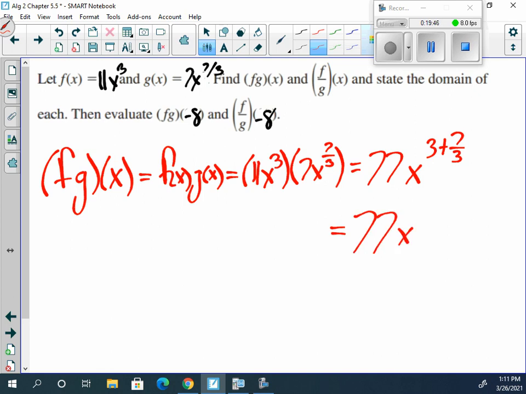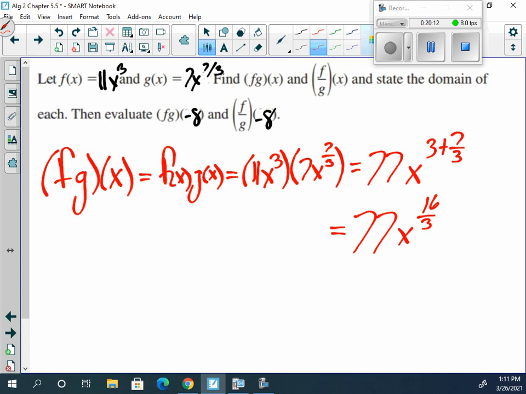So we'll have x to the 3 plus 7/3. So we'll add the exponents together, 3 plus 7/3, which will give us 16/3, I believe, because we would convert 3 into 9/3, because 9 divided by 3 is 3.